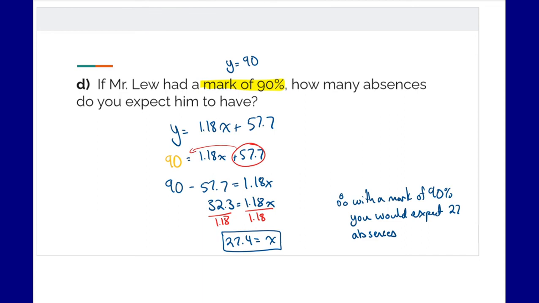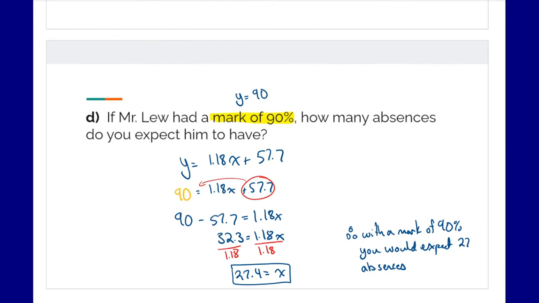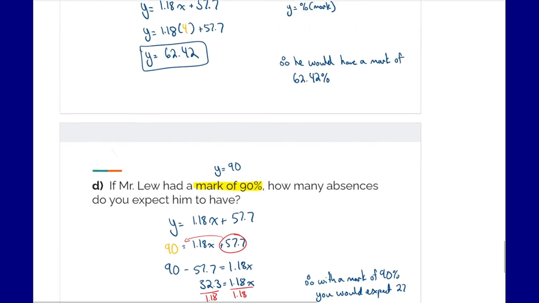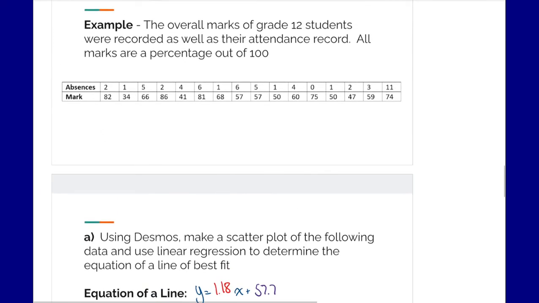So you can see how that may not actually make sense based on what we know about absences and needing to be at school to do schoolwork and to learn. But based off of the data that we have, that is what we're predicting. Now, if we gathered more data than the few students that we had here, we may have a better sense.